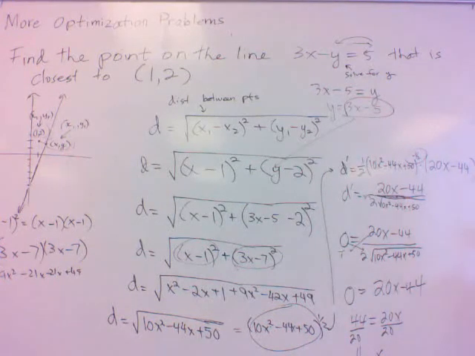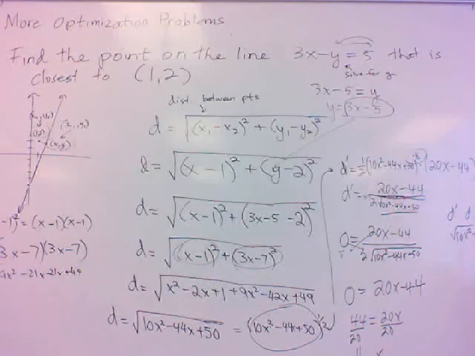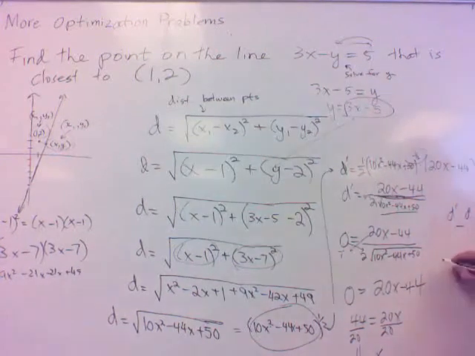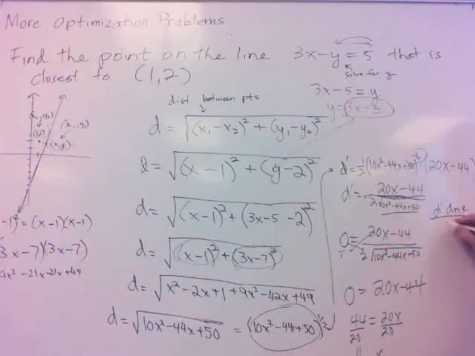Now, the other thing to think about is, you might be thinking, what about where the derivative does not exist? Well, that would be where the square root of 10x squared minus 44x plus 50 equals 0.